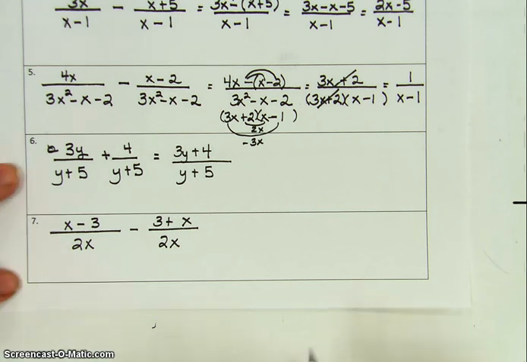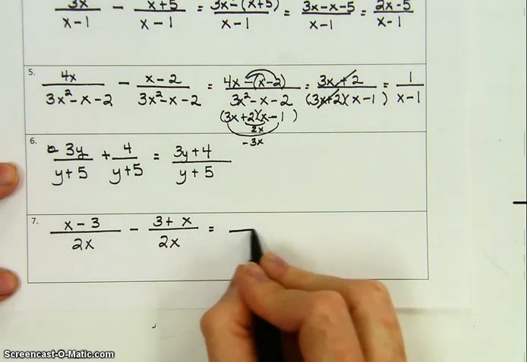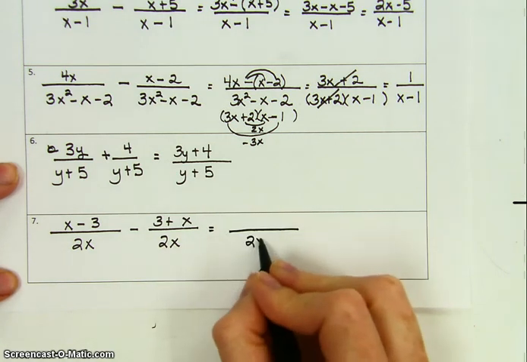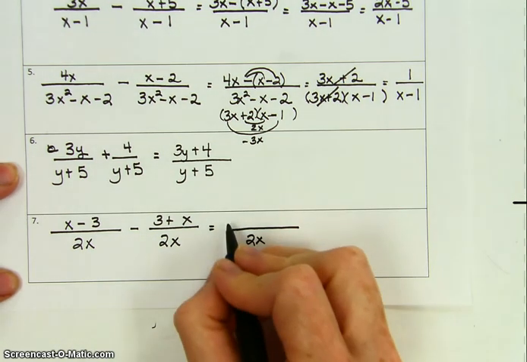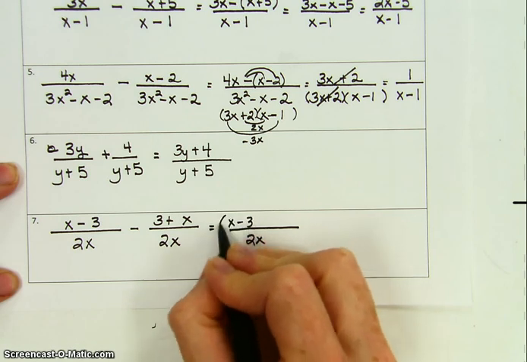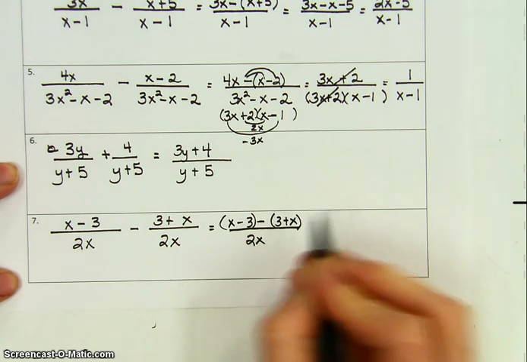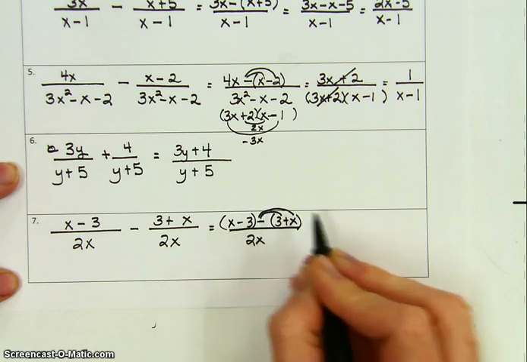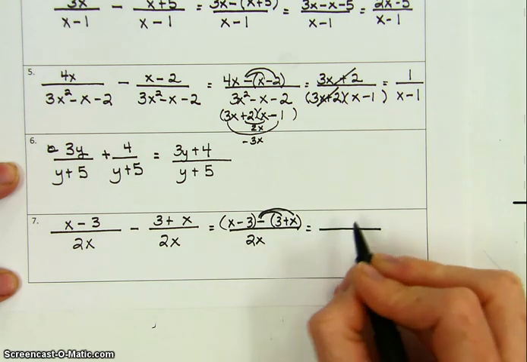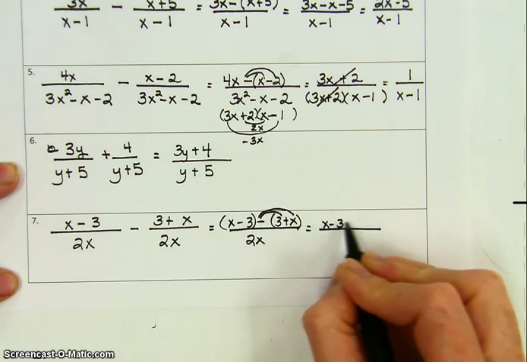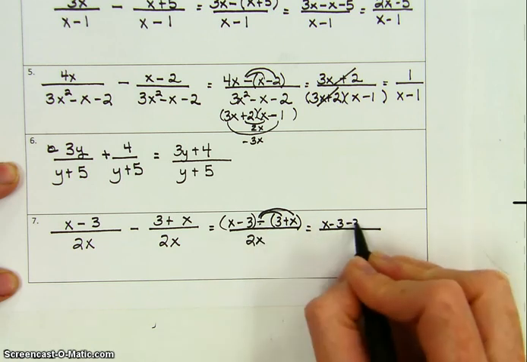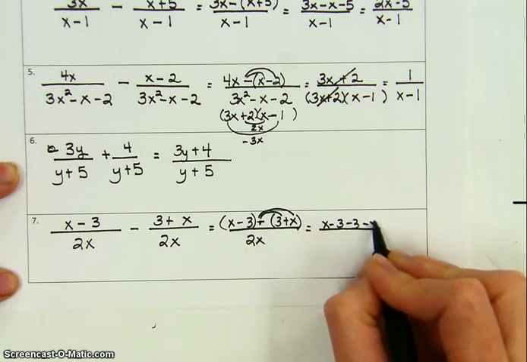Okay, now this one is subtract, so be super careful. We are going to keep that denominator. The numerators need to be subtracted. So I am going to use parentheses and I'm going to use the distributive property. So on top I get x minus 3 minus 3 minus x.